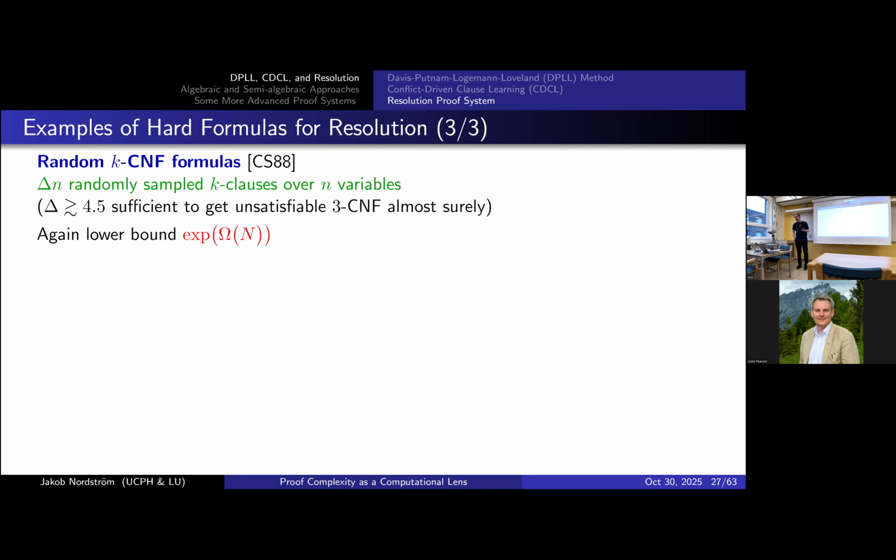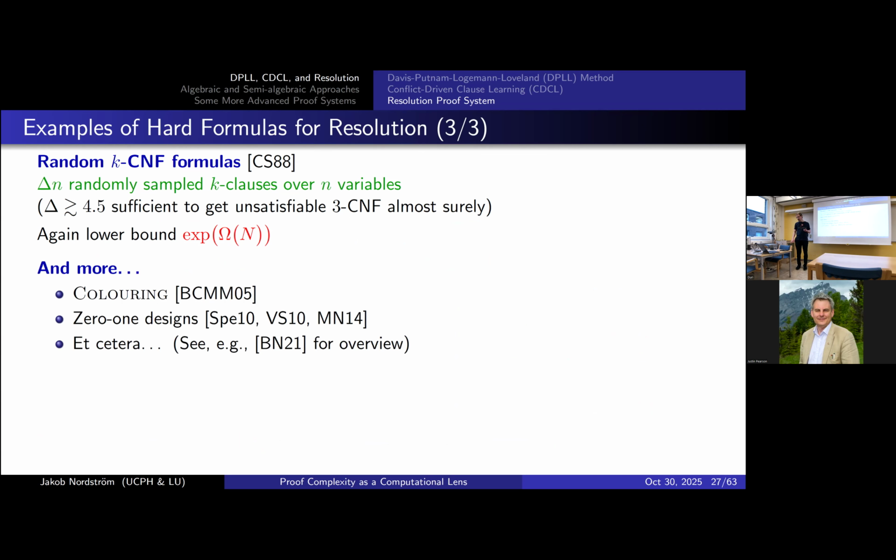Another example is just randomly sampled k-CNF formulas. For instance, if you randomly sample a 3-CNF formula over n variables, say 4.5 times n clauses, this is unsatisfiable with overwhelming probability, but requires exponential size in resolution. There are also other problems.